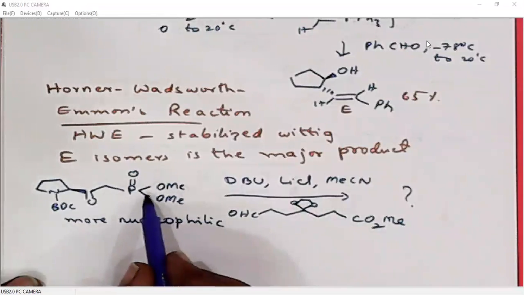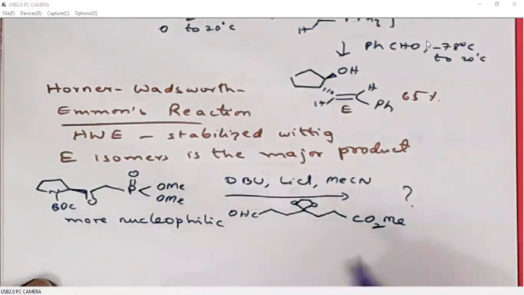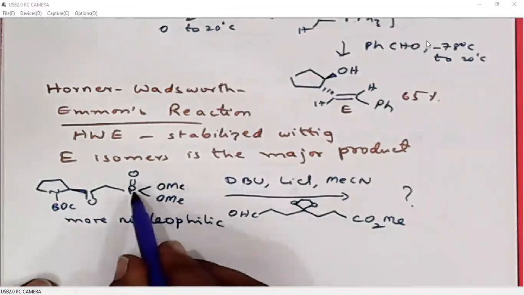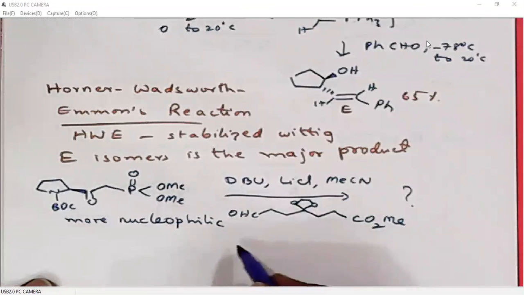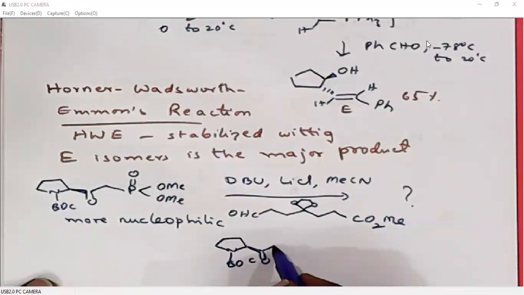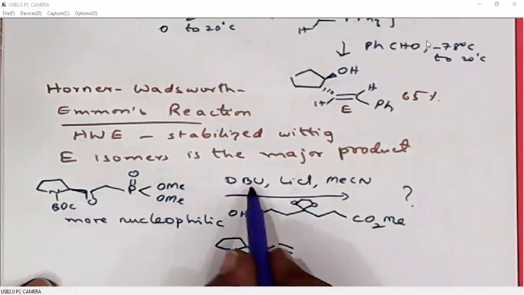When we use a phosphonate in the Wittig reagent, it is more stabilized. It is called the Horner-Wadsworth-Emmons reagent. When we treat the HWE reagent with a carbonyl, we will get the E double bond. Here the negative charge is not there, that is why we are using a base.